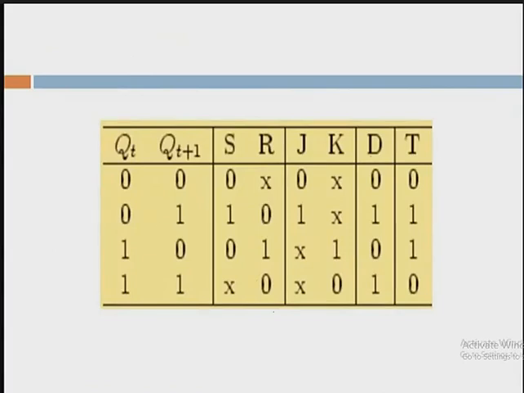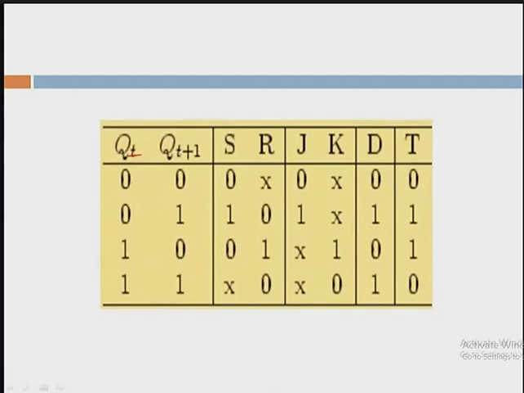So this is the final excitation table of all the flip-flops, a combined table. Here the input is the same; you can consider it as the Qt variable or Qn variable, no problem. Here the Qt variable is considered, though normally we consider the Qn variable. Here you can observe the 0 0, 0 1, 1 0 input combinations.